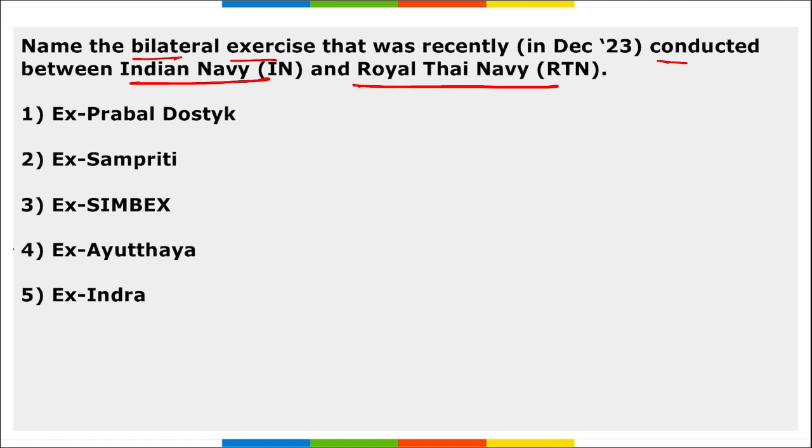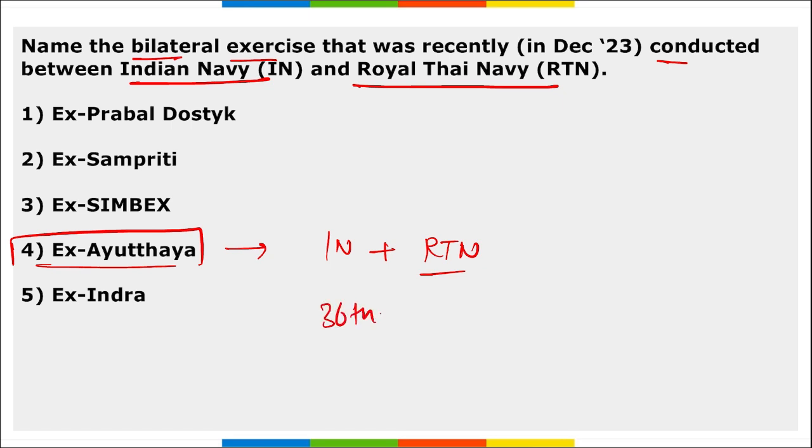Next, name the bilateral exercise that was conducted between Indian Navy and Royal Thai Navy. That is exercise Ayutthaya. This is the name of the exercise. This is a bilateral exercise conducted between Indian Navy and Royal Thai Navy, that is between India and Thailand. This was the 36th edition of this exercise, correct, and it was a part of Indo-Thai CORPAT.